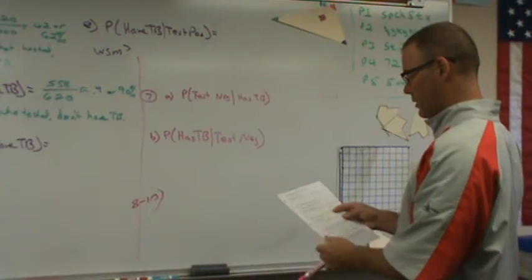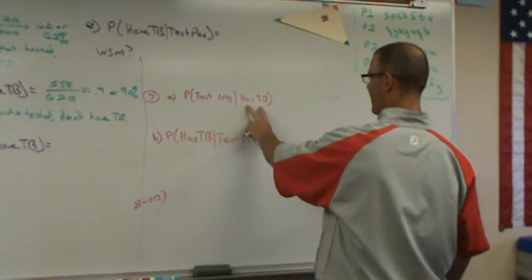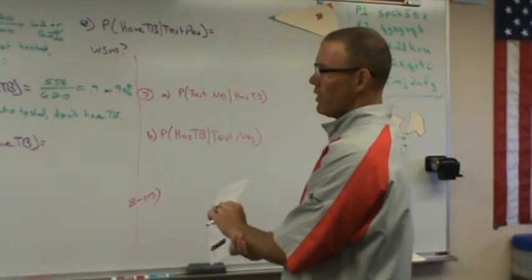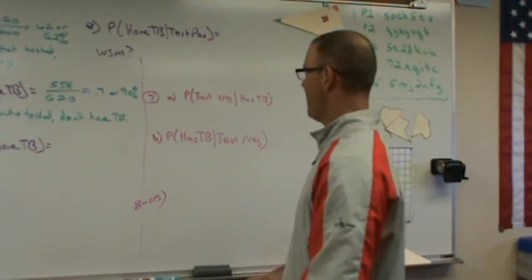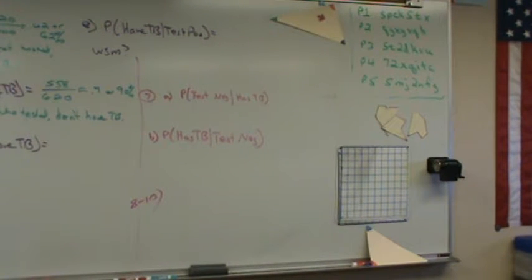So for each probability, interpret the statement. What is the probability that you test negative, given that you have TB? Well, you've got to go back and look at your first tree and your second tree diagram. I know you can't see them on the board, but you should be able to look at them on your paper right now.